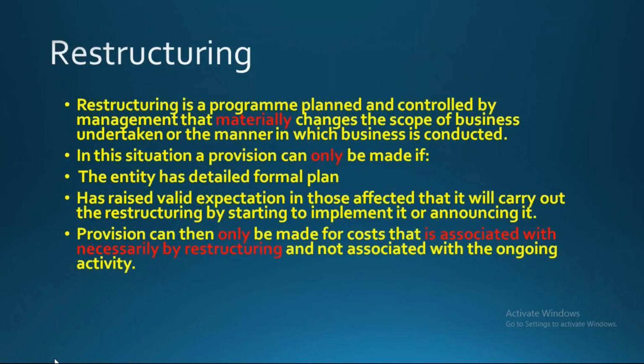So when you restructure, what can happen is there can be redundancy, isn't it? Yes, people becoming redundant. Now the printing department people who are becoming redundant, we need to make a provision. Right? But just because we are going to do the restructuring in printing, if some people have to go because of the shipping, you can't make a provision.